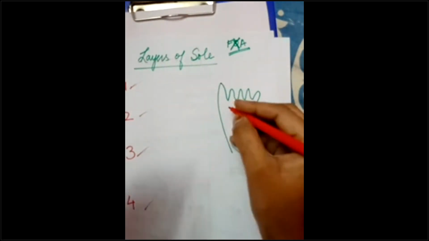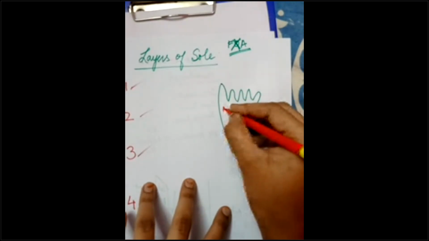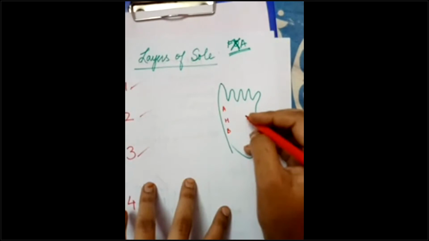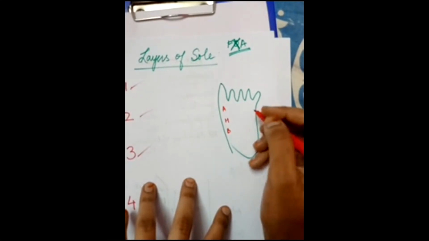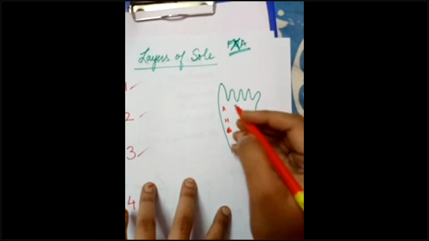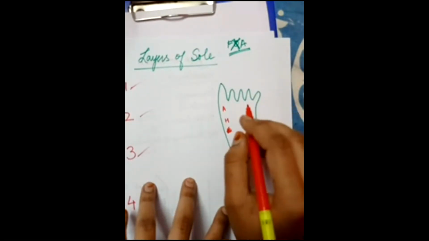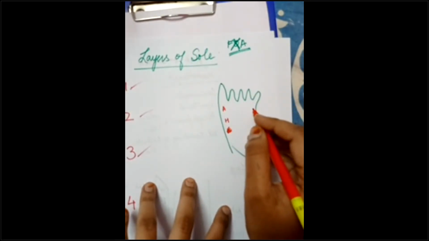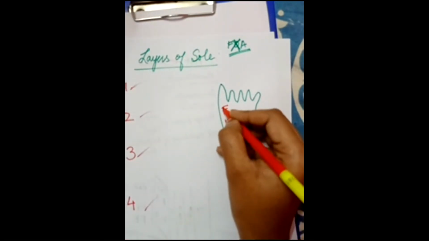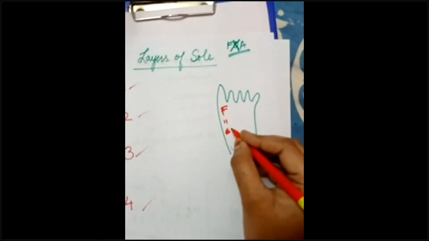You will have abductor hallucis here, so the digiti minimi will not keep quiet. Abductor hallucis only, not brevis. The digiti minimi will say, I also want this, and it will have flexor. Flexor hallucis brevis.